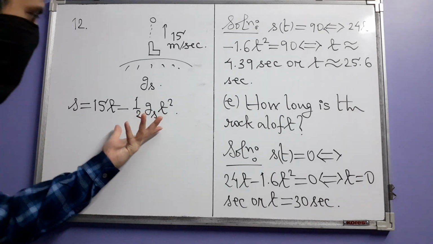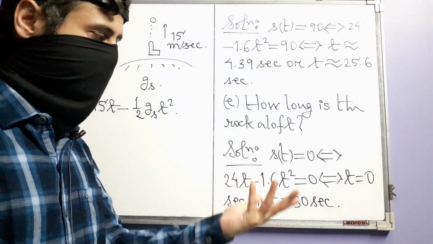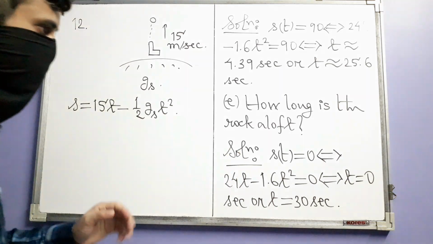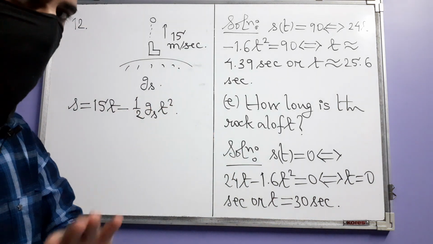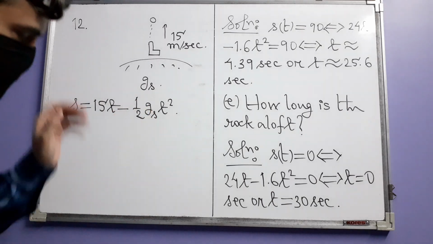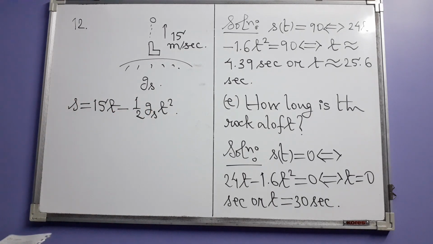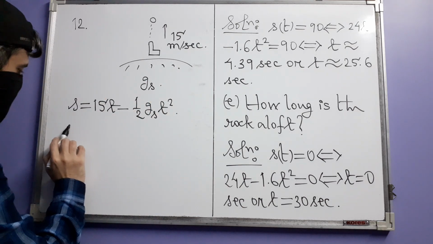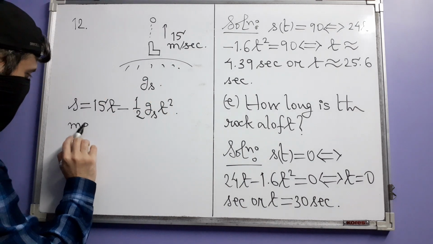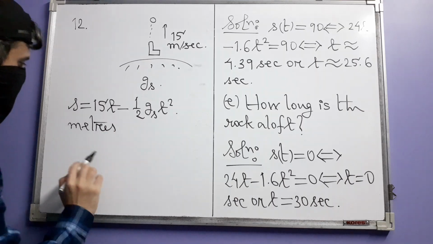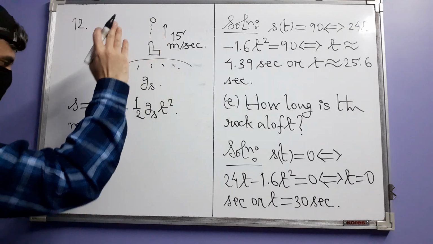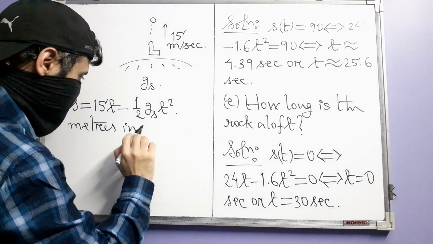You already know how this equation comes from your knowledge of school physics. We, however, need not worry about those things here. Okay, it's already given to us. And of course, this is in meters. So this many meters the ball bearing goes up in t seconds.